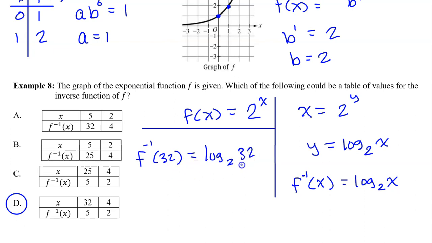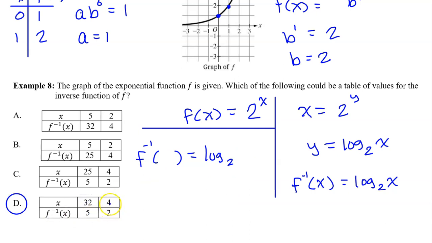When you evaluate a log expression, you ask yourself, 2 to the what power is equal to 32? And we know that 2 to the 5th power is 32. So that's why the answer is 5. So f inverse at 32 is 5, just like it says.